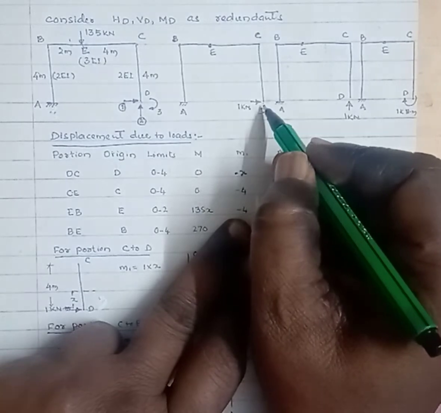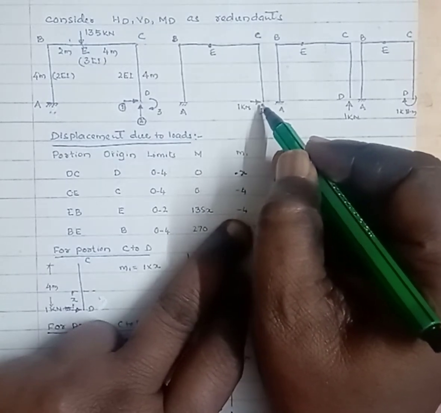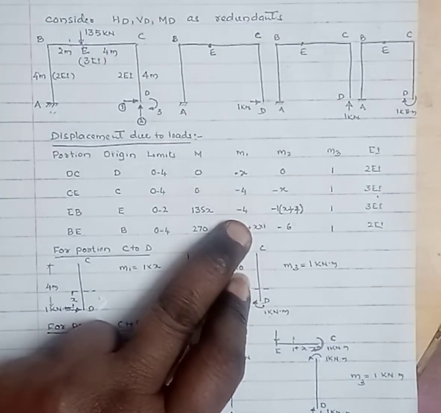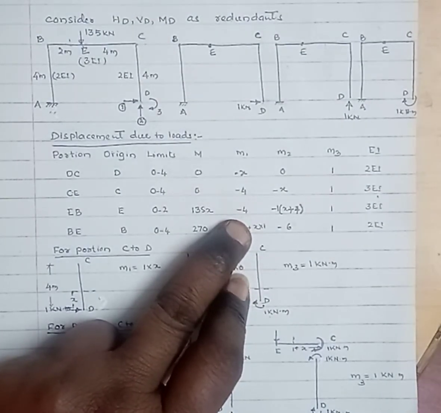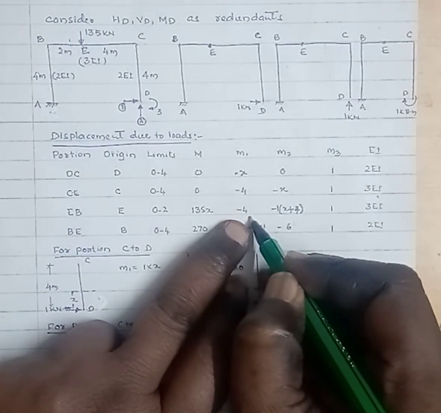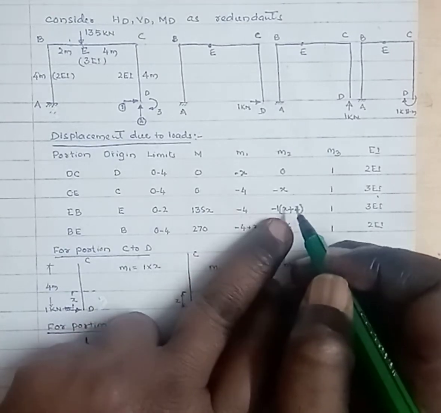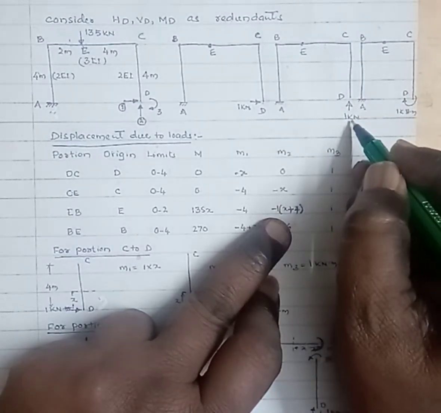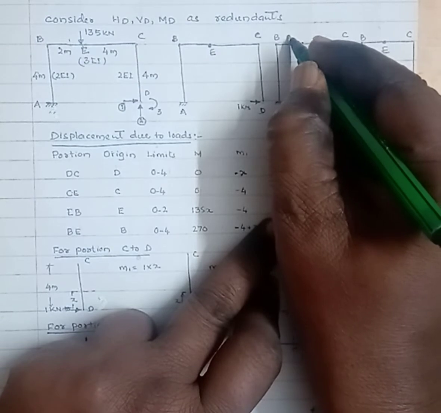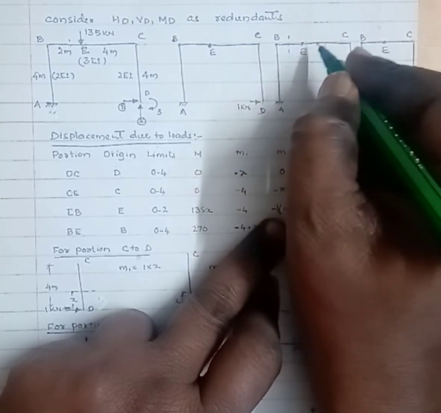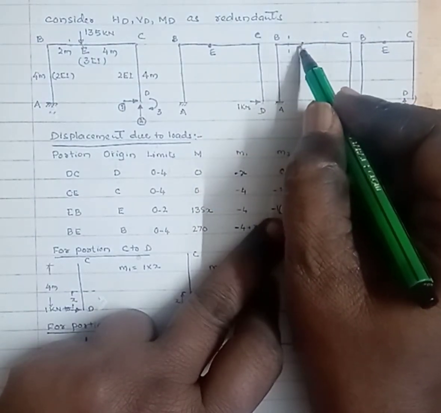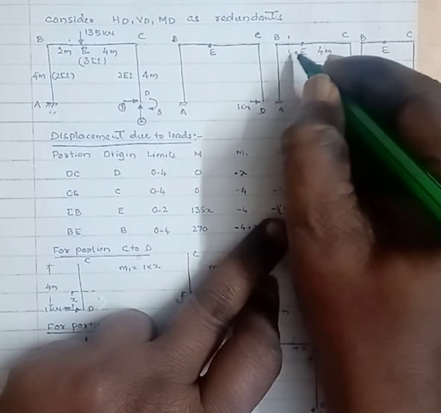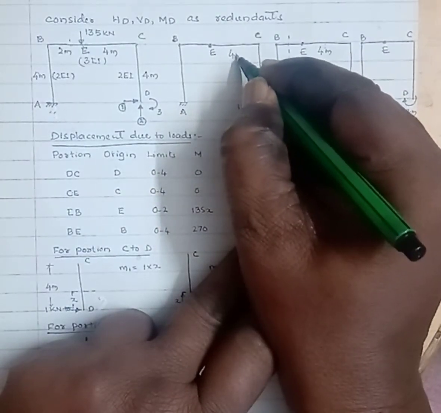Then the bending moment due to the unit load in the coordinate direction 1, that is 1 into 4, that remains constant from C to B, that is minus 4. Then the bending moment due to the unit load in coordinate direction 2, this one is 1, here if you consider a section in between A and B, this distance is 4 meter, this distance is x, and this distance is 4 meter.